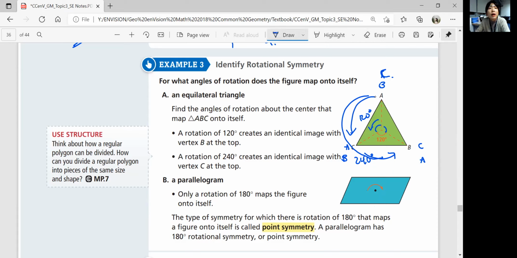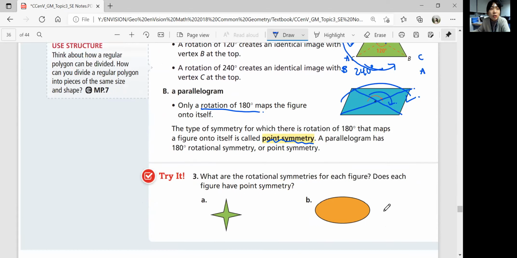The type of symmetry in which there's a rotation of 180 degrees that maps the figure onto itself, like this parallelogram, is called point symmetry. So if you have a rotation of 180 degrees, you can say it has point symmetry. This parallelogram has point symmetry. Okay, that is a technical term.